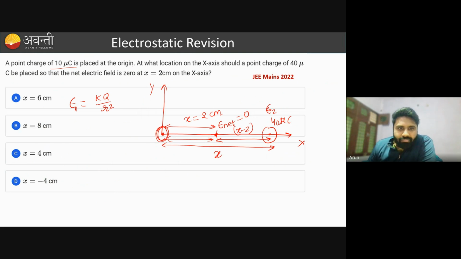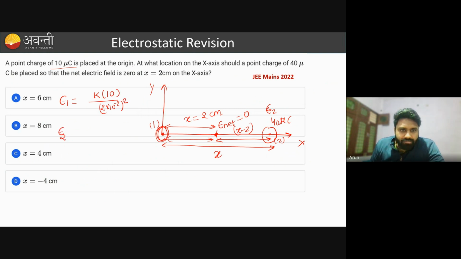Got it? So we will find the expression of electric field for point charge 1 and point charge 2, and equate them at x equals 2. This point, x equals 2, is exactly at 2 centimeter. So E1 equals k times 10 microcoulomb divided by the distance square. The distance is 2 centimeter, so 2 into 10 raised to the power minus 2 meter, squared.